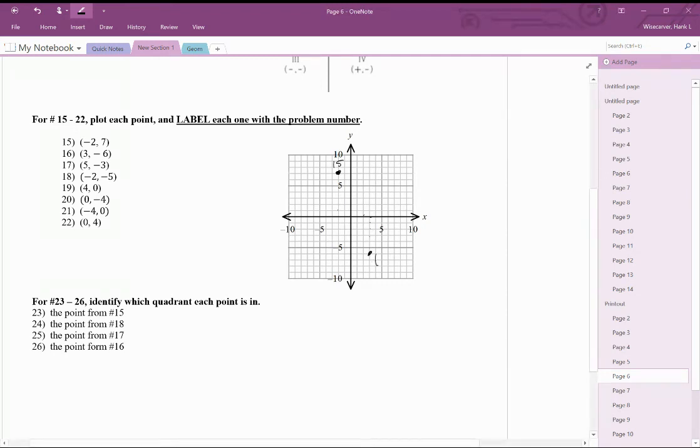That's 16. 17, we've got 5, negative 3, 1, 2, 3, 4, 5, and then down 1, 2, 3. 17. 18 is negative 2, negative 5, 1, 2, left, and then down 1, 2, 3, 4, 5.